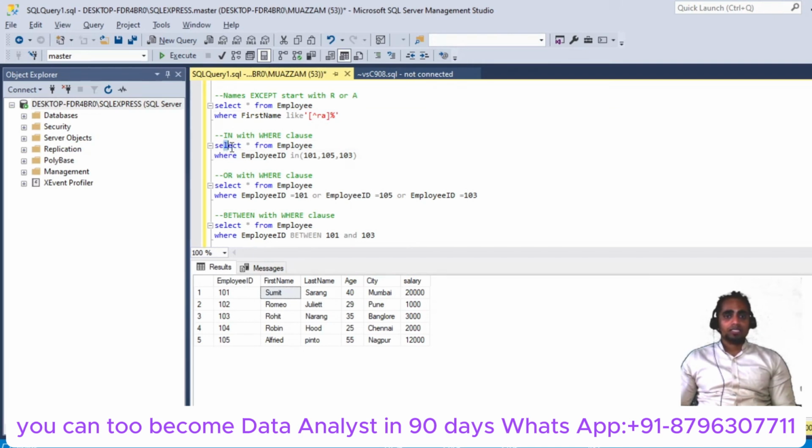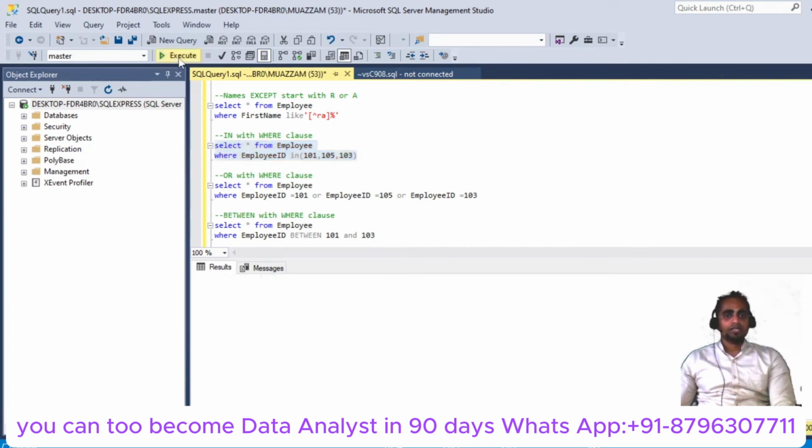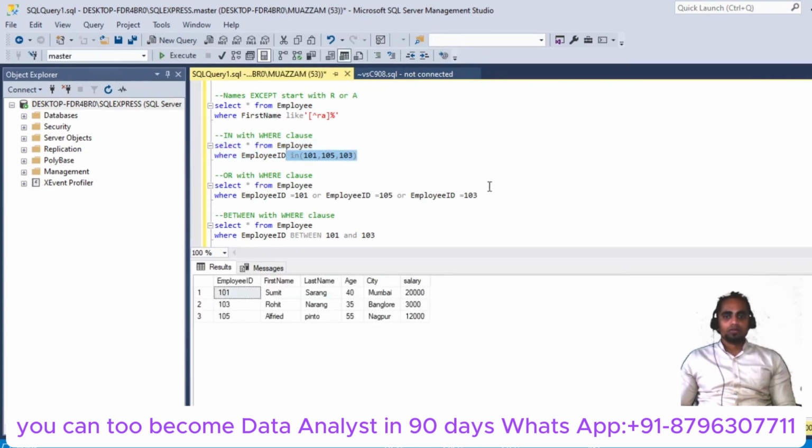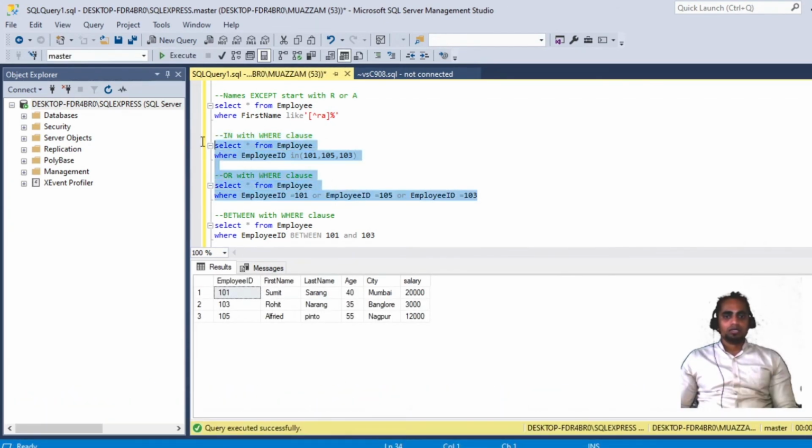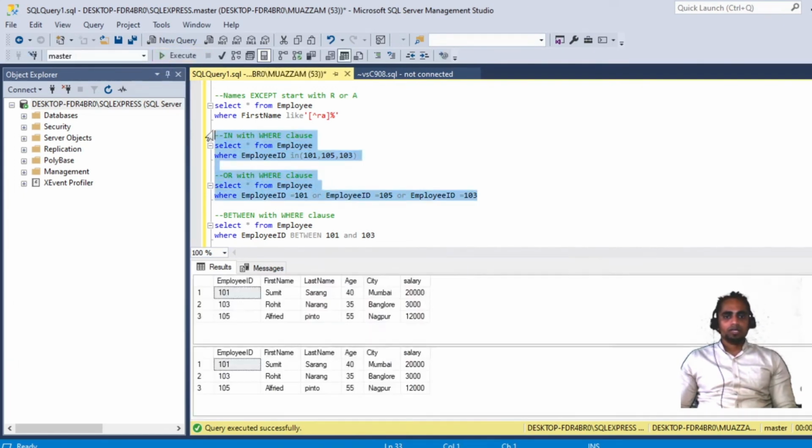So query: select star from employee where employee ID in 101, 105, 103. If I execute this, I will get only these 3 records out of these 5 records. Both queries give the same result.